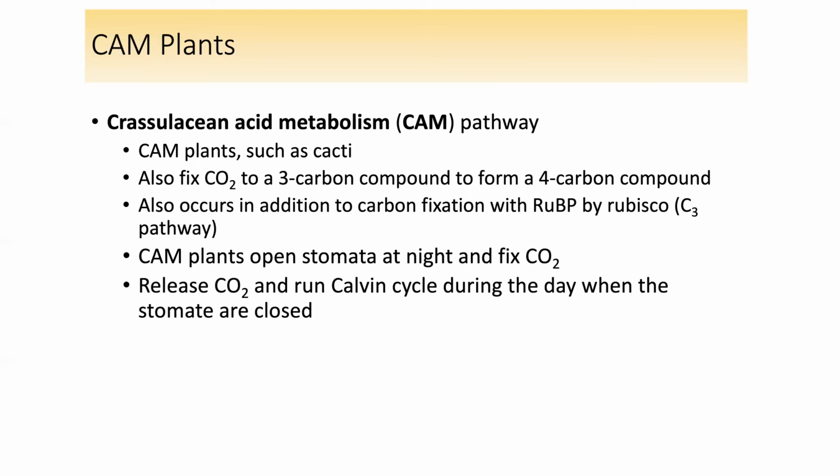So it does this very similarly to the C4 pathway, and we'll see that it also then releases the carbon dioxide so that it can interact with RuBP, similar to the C3 pathway. All right, so the CAM pathway, again, uses very similar things that we've talked about with both C3 and C4.